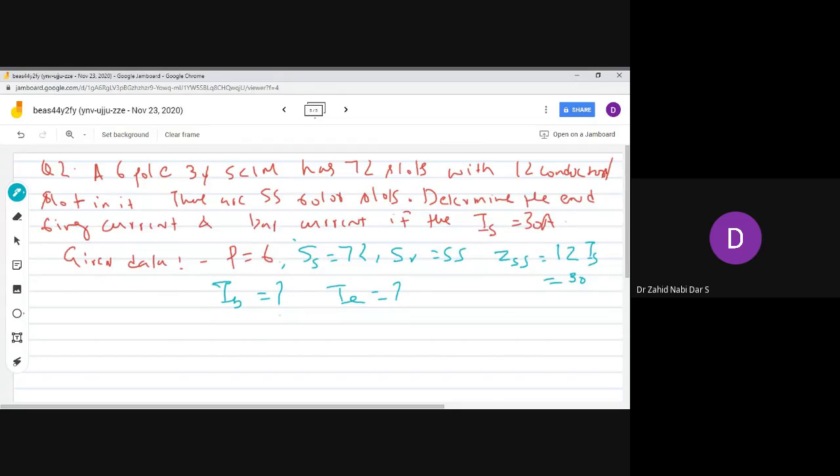See, IB you have to substitute directly. Please calculate these values.